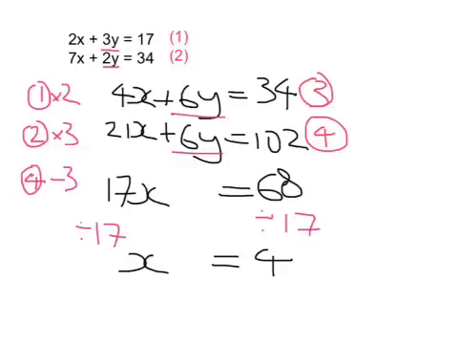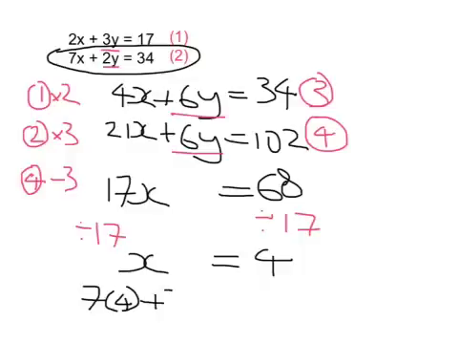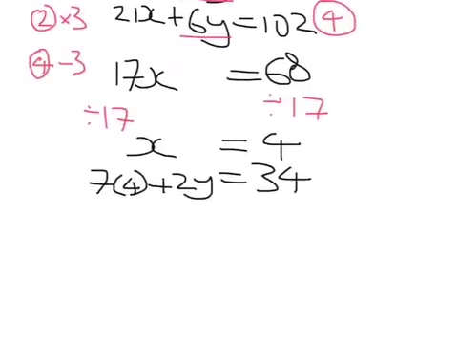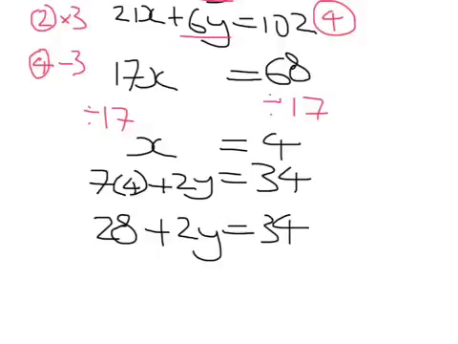And just as before, we can substitute x back into, let's pick equation number 2 this time, and we can say that 7x plus 2y is 34, so 7 times 4 plus 2y equals 34, which means that 28 plus 2y equals 34.